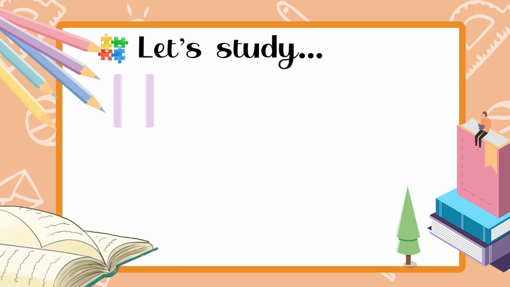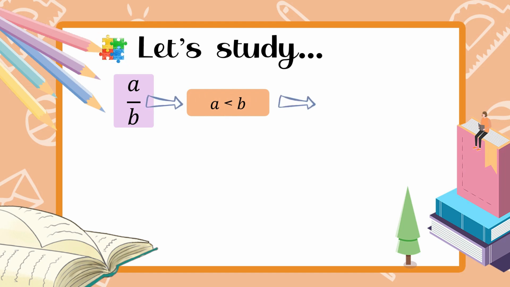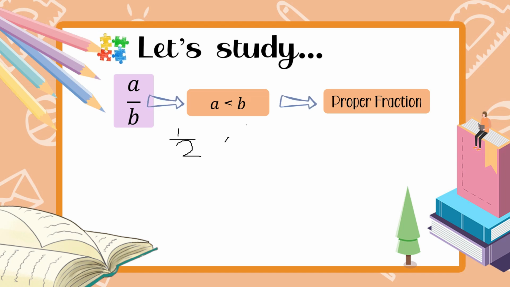So, kapag ang iyong rational number a over b, mas maliit ang value ng numerator kaysa sa denominator, you call that a proper fraction. Let's have an example. We have 1 over 2, o kaya naman ay 3 over 7, or let's have 4 over 5.